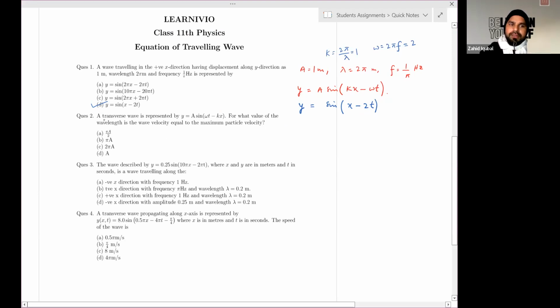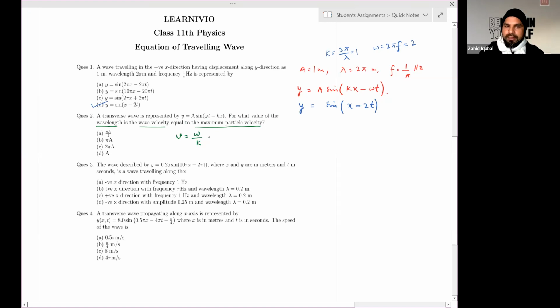Now, next question. A transverse wave is represented by y equals A sin(omega t minus kx). For what value of lambda is the wave velocity equal to the maximum particle velocity? I defined for you, wave velocity is equal to omega by k.